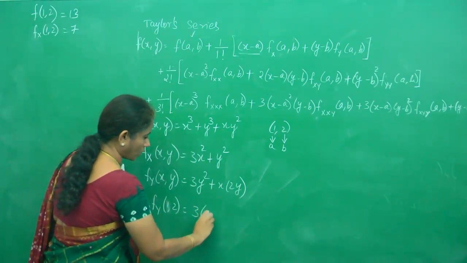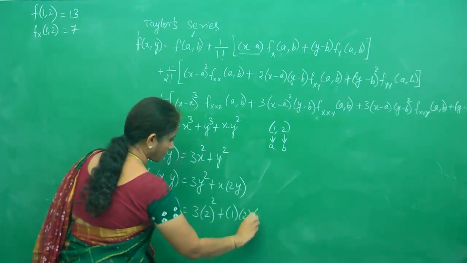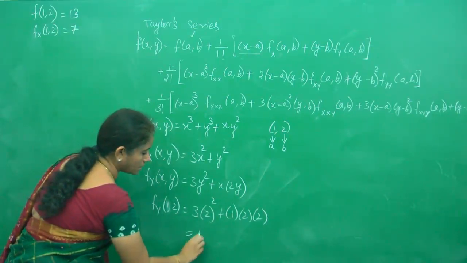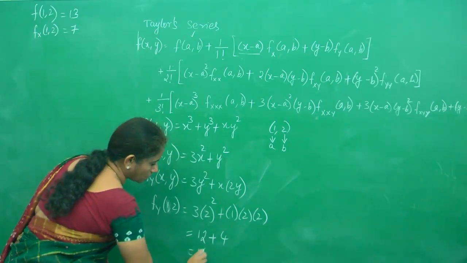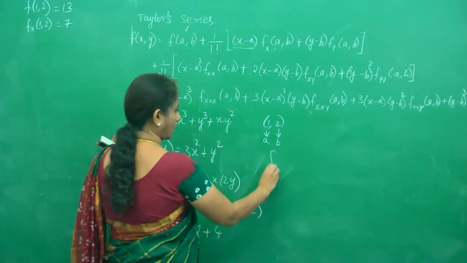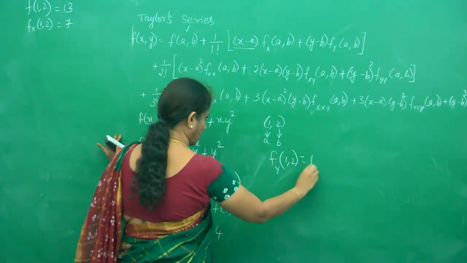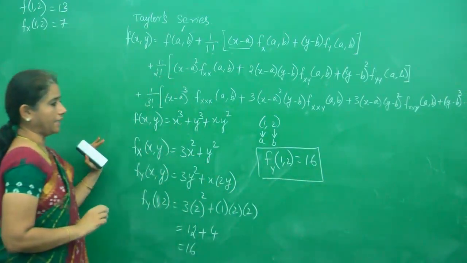So plug in y place 2, plug in x place 1. Okay, and this is 4 times 3 is 12 plus 2 times 2 is 4 and 12 plus 4 is 16. So you will note down fy of 1, 2 is 16. Draw a rectangle and keep it ready.